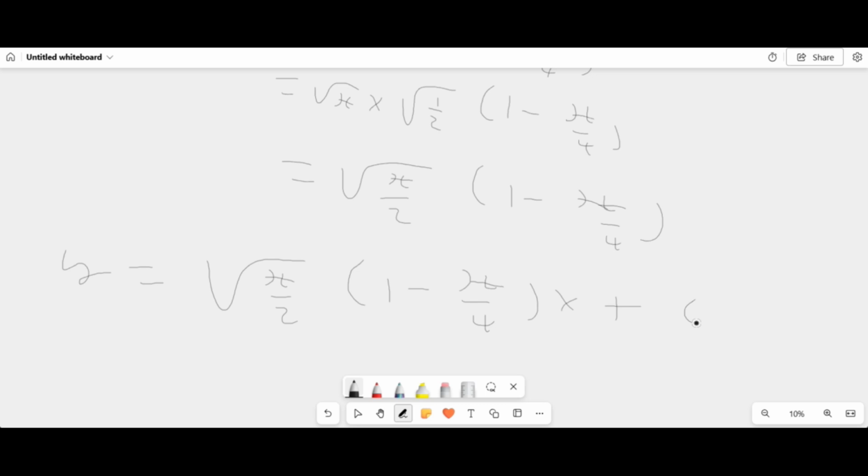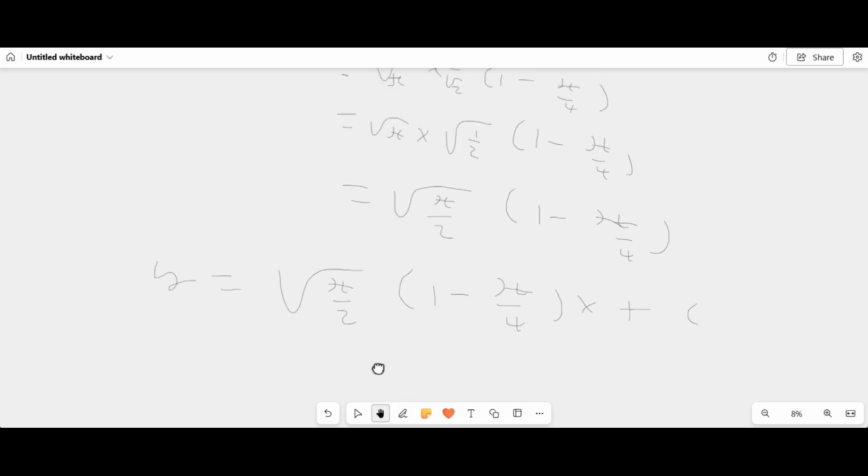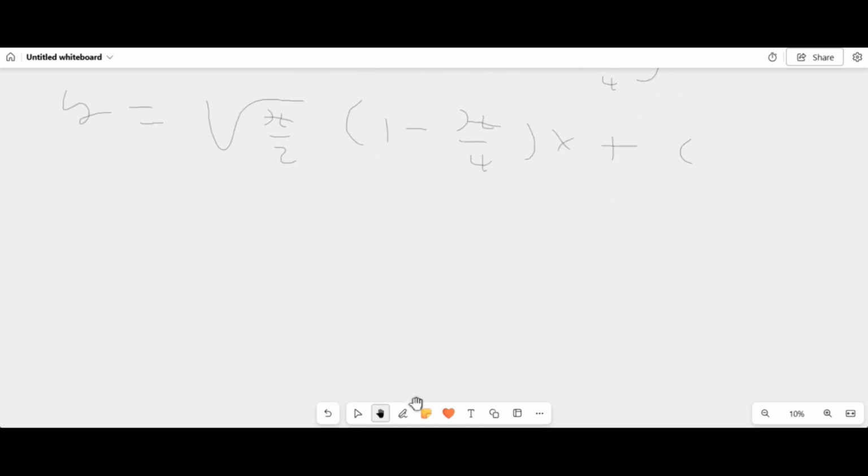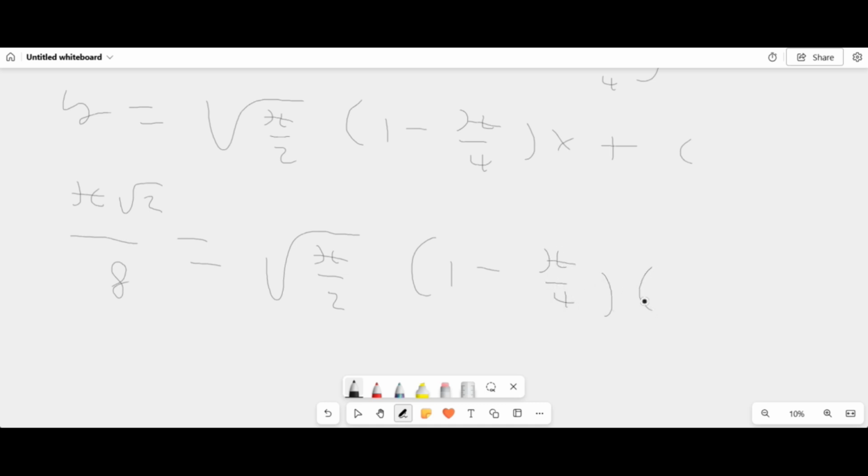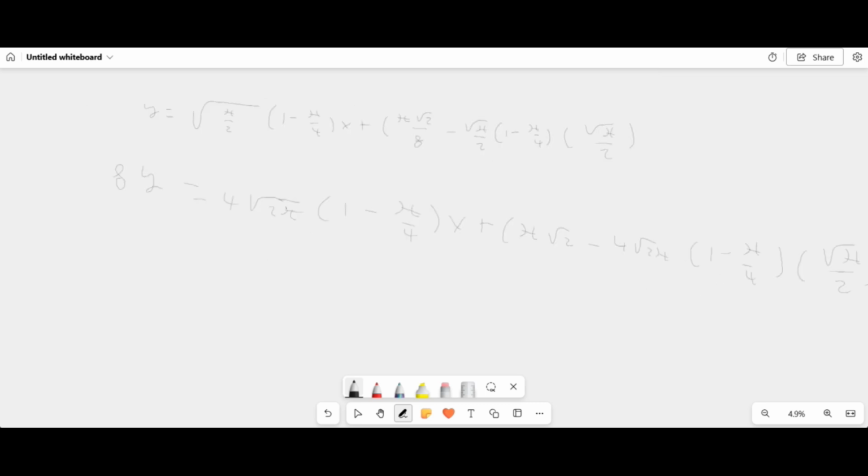Please bear with me, yeah. It's a bit of a mad one. Alright, so y is pi root 2 over 8. X is going to be root pi over 2, as we established earlier, plus c.